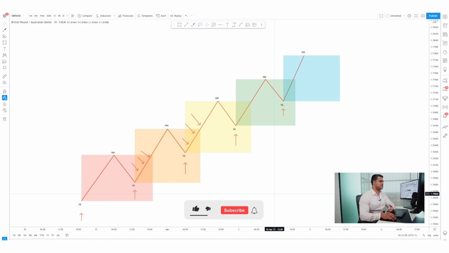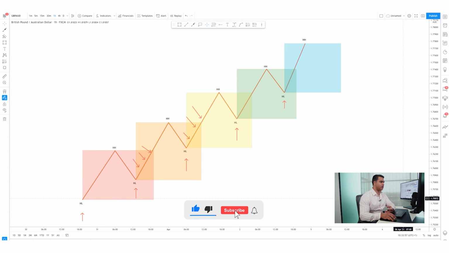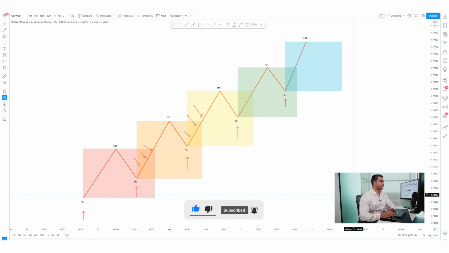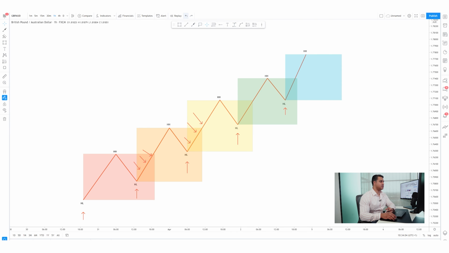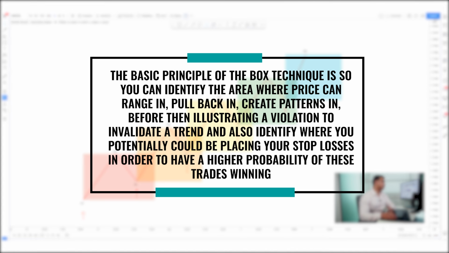Now, I'm hoping this is making sense. Sometimes it sounds like I'm rambling on in my own head, but I'm trying to highlight the point to you as much as I can so you can understand it in the simplest way. But the basic principle of this box technique is so that you can identify the area where price can range in, pull back in, create patterns in, do whatever it wants in before illustrating a violation to invalidate a trend, and also identify where you could potentially be placing your stop losses in order to have a higher probability of these trades winning.